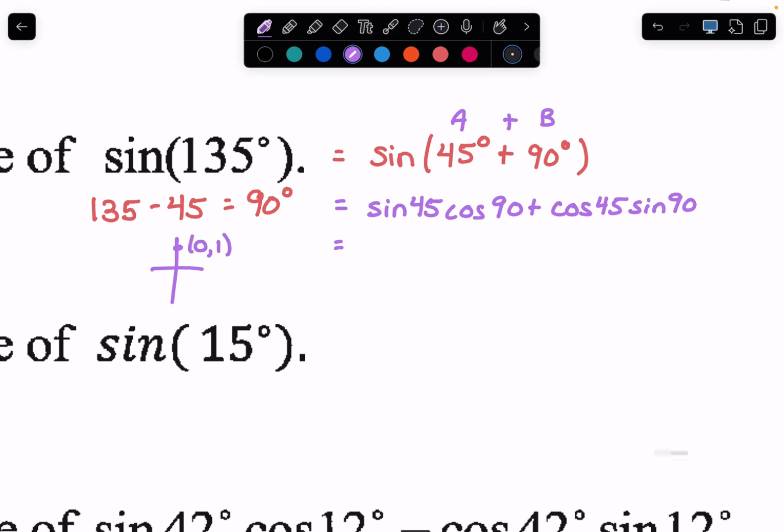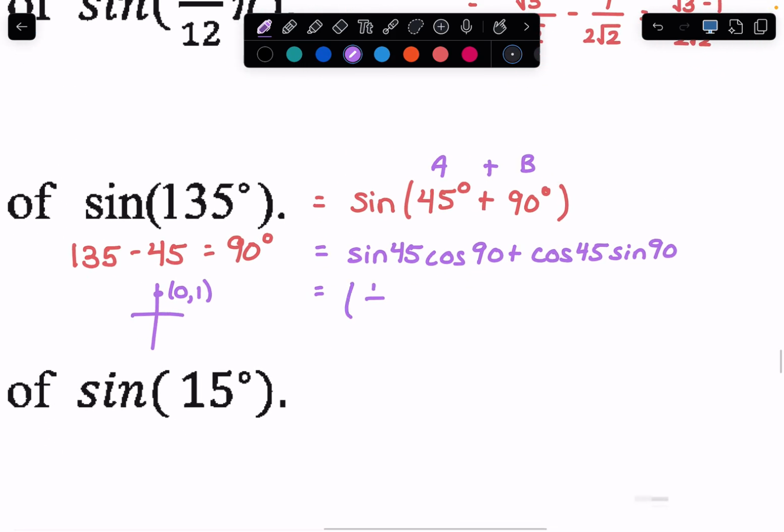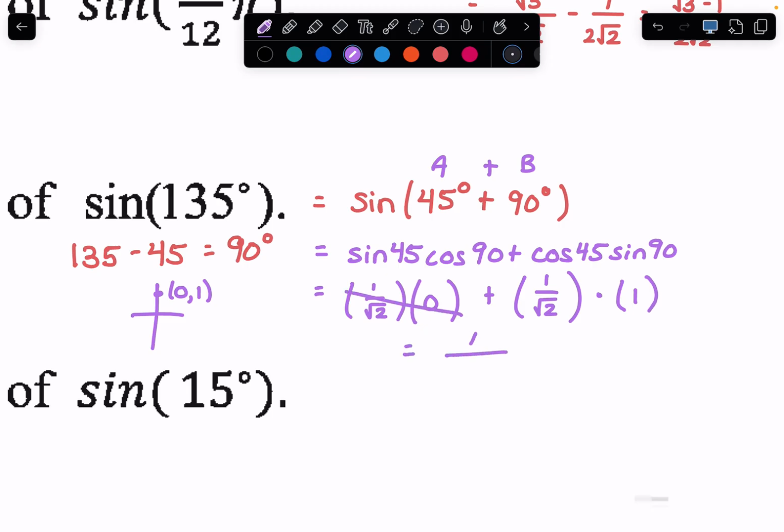There's 90. Sine of 45 is 1 over square root of 2, times cosine of 90, which is 0. Cosine of 45 is 1 over the square root of 2, and then 1 for the sine of 90. So that's my answer: 1 over the square root of 2.